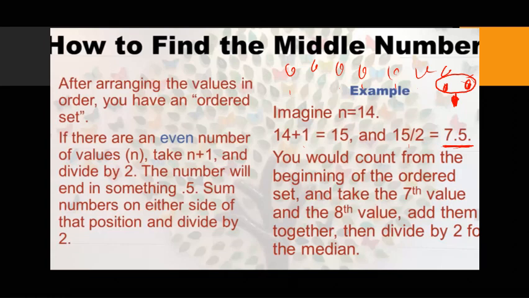It's the same process, except this is telling you how many numbers you have to go up from the beginning. Since it's a 0.5, and especially in even number data sets, you're probably going to get a decimal. What that really means is that you go up to that value, and you know that the actual median is somewhere in between, so it's going to be an average of those two values.